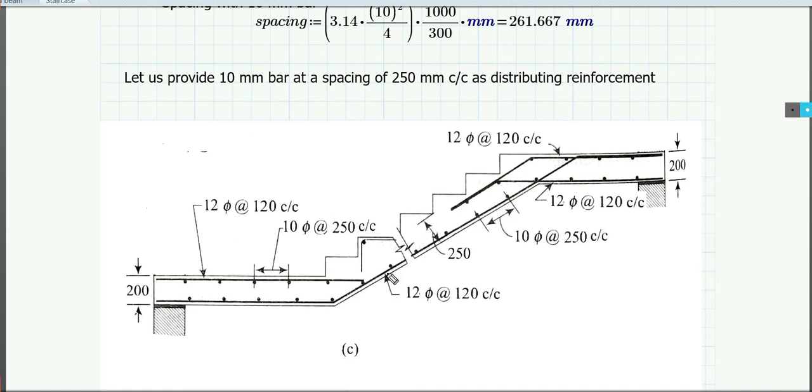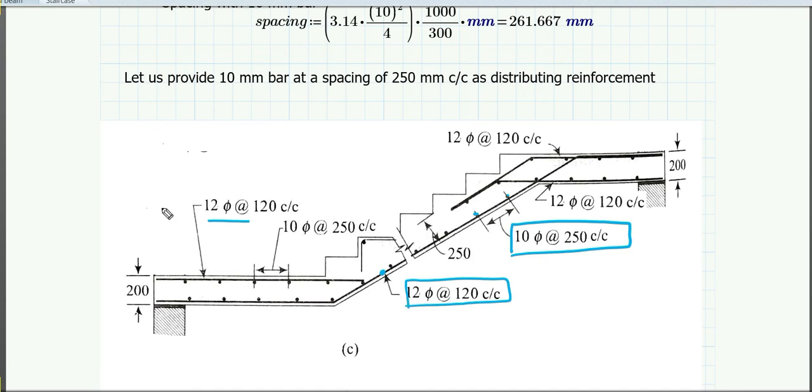So here, this is the main bar, which is 12 phi at the rate of 120 center to center, and these are the distributing bars, which are 10 phi at the rate of 250 mm center to center. In the landing, basically you can provide the nominal reinforcement. It might not be 12 phi, because I have applied the same moment, same reinforcement.